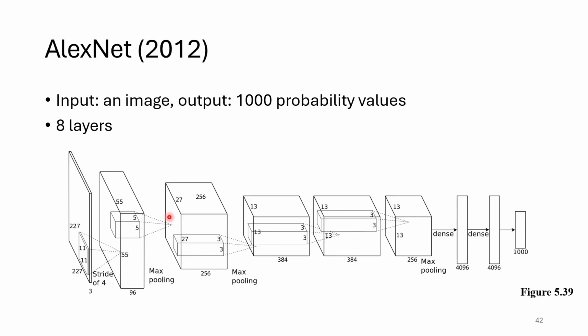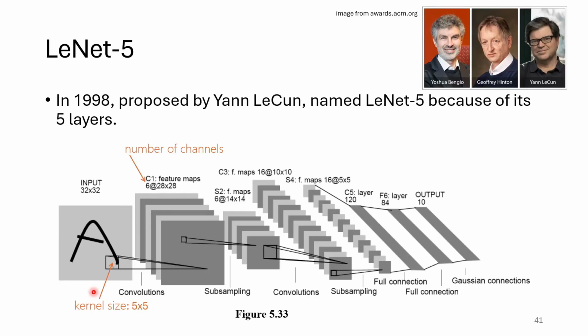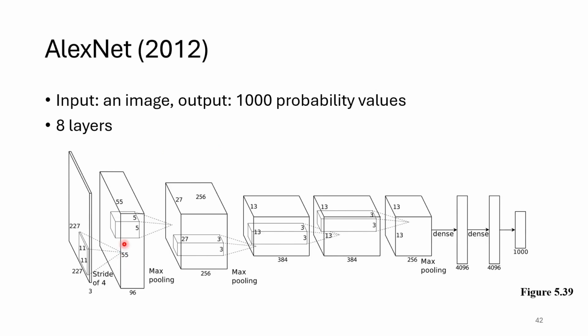That is why. Okay, see, this is the input image. The resolution is 227 by 227 by 3 channels. Here, this is single channel because MNIST is a grayscale image data set. But in the ImageNet challenge, all of them are color images, so they are 3 channels.